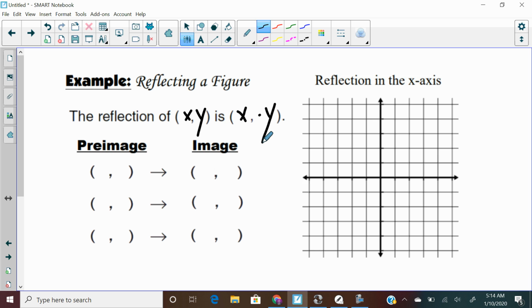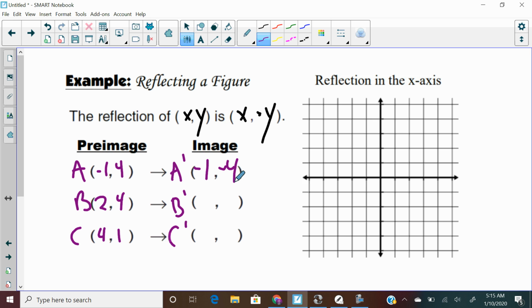So in this one, we are reflecting across the x-axis. Of our ordered pairs, A is (-1, 4), B is (2, 4), and C is (4, 1). For my new A, new B, and new C, I multiply y by negative 1. So it becomes (-1, -4), (2, -4), and (4, -1).